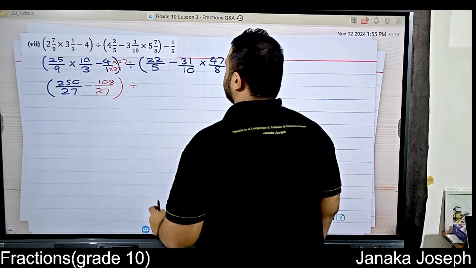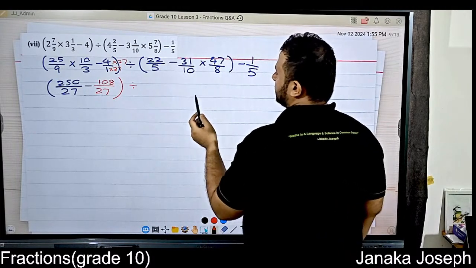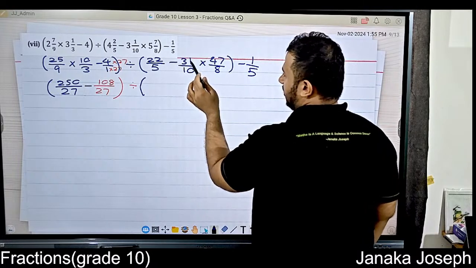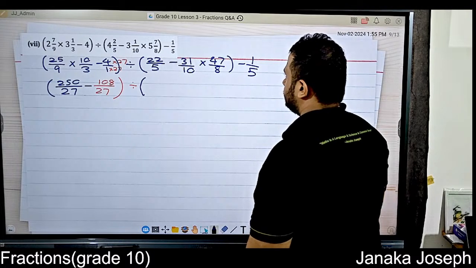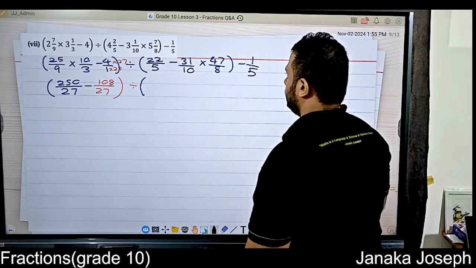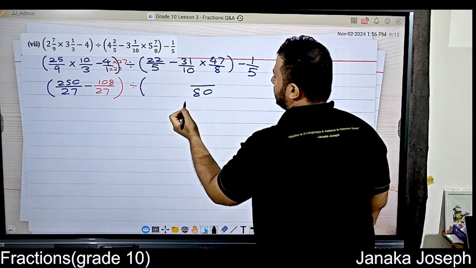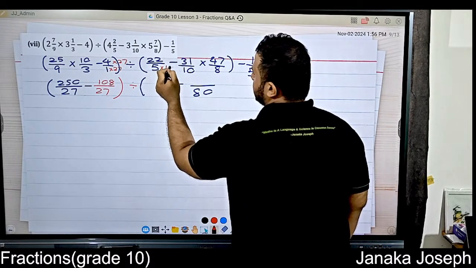Divide by. Here we had to do the multiplication here first. So let me open the bracket, but let me write that down later after doing the simplification here. No simplifications I can do. So this will be a 80. So let's make this into 80 as well. Multiply by 16.